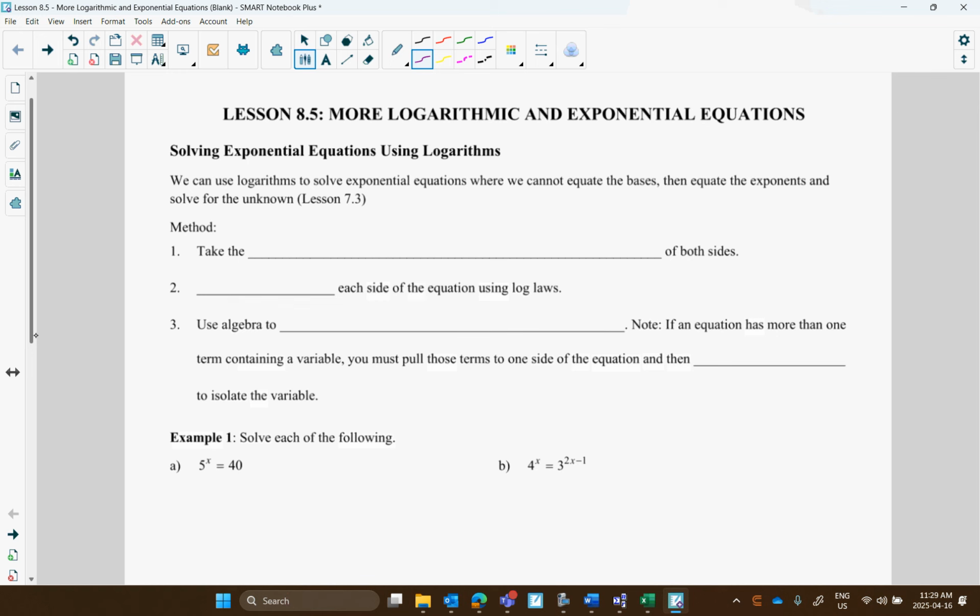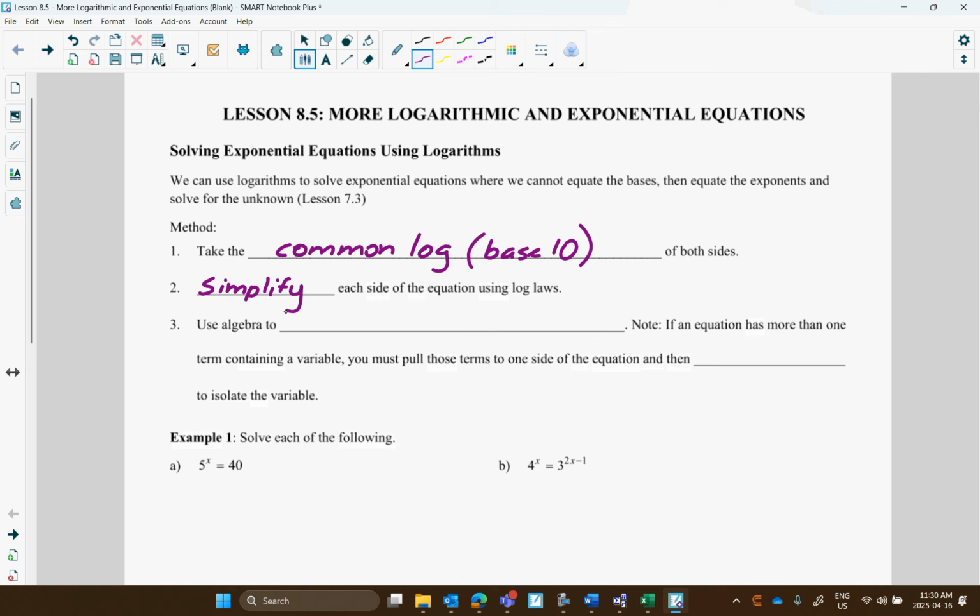So when we encounter this situation, we take the common log. Remember, common log is base 10. So you're just going to log both sides. After you do that, you will likely have to do some simplifying using the log laws.